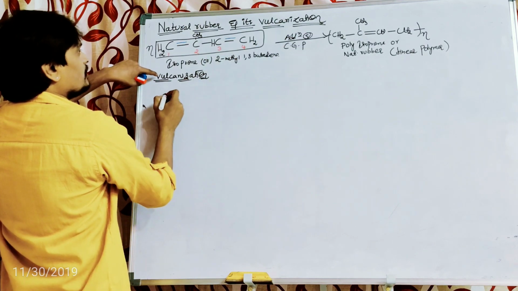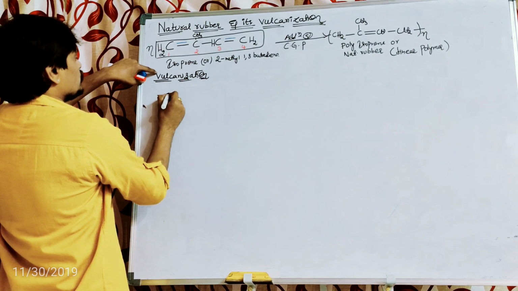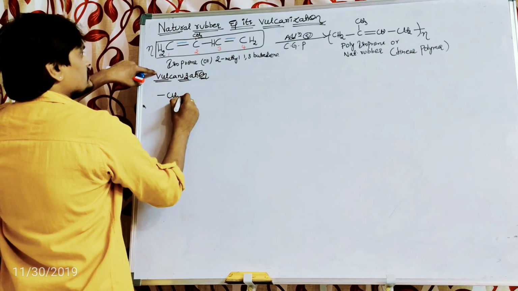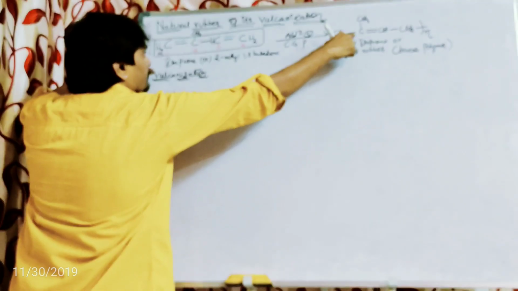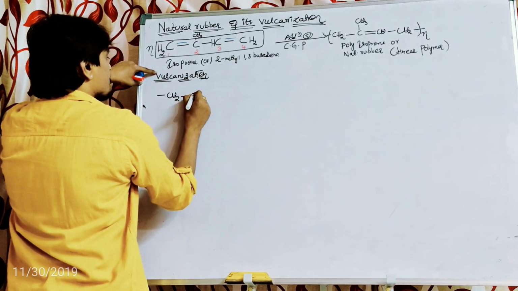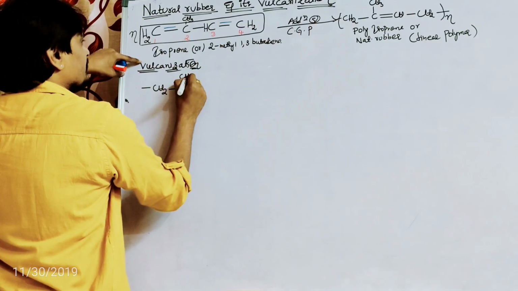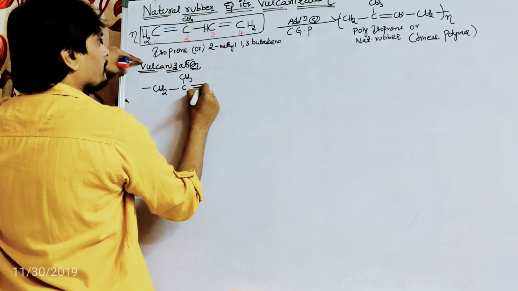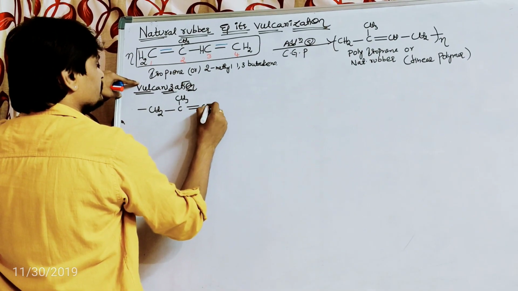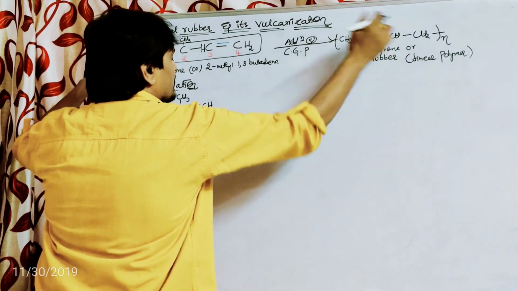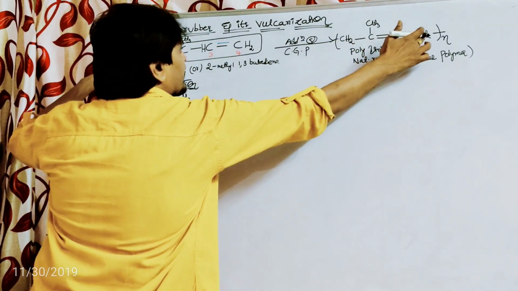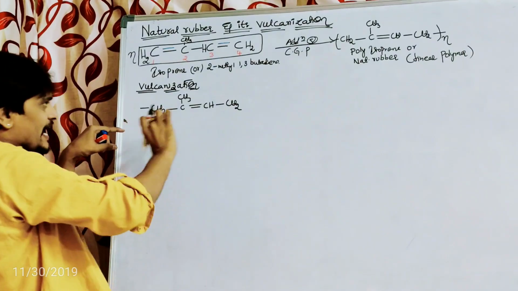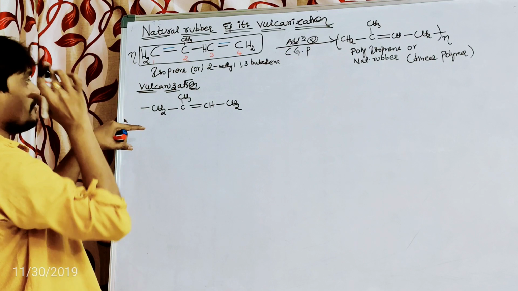Polyisoprene or natural rubber: CH2, single bond, C, CH3, double bond, CH, next single bond, next CH2. Now write down the same moiety, students. There is no need to memorize.